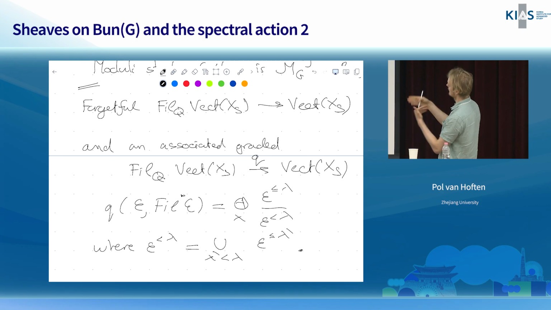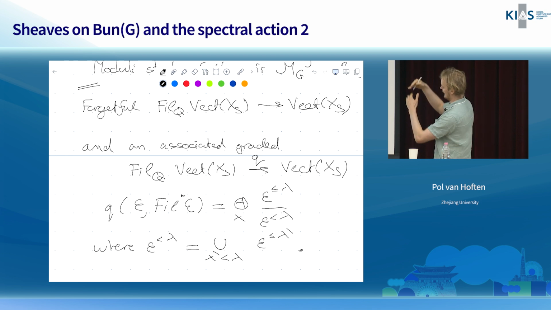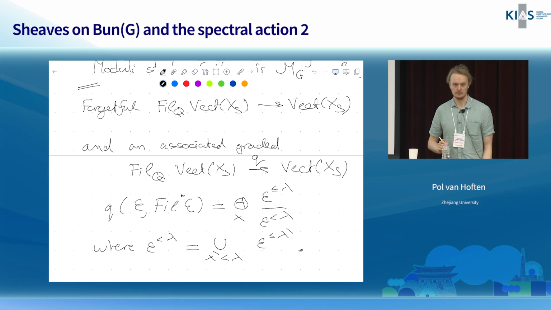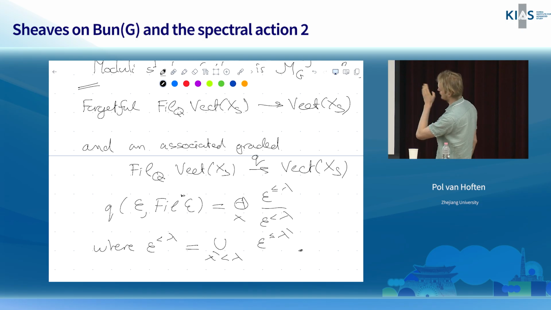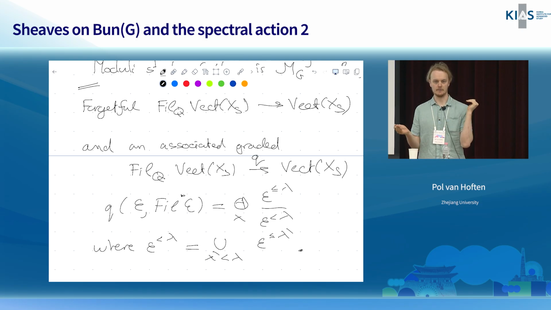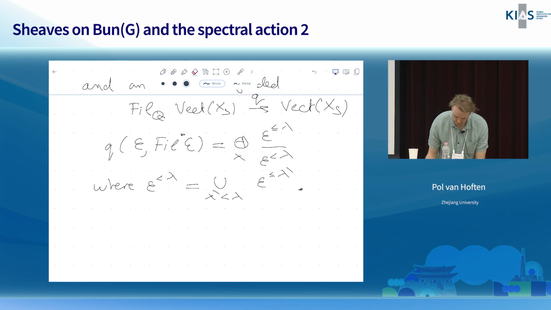Basically, at the finitely many points where the filtration jumps, I look at what the quotient is, and that's my associated graded. If you look at vector bundles on the Fargues-Fontaine curve, there's already somehow a Q-indexed thing, which is the slope.